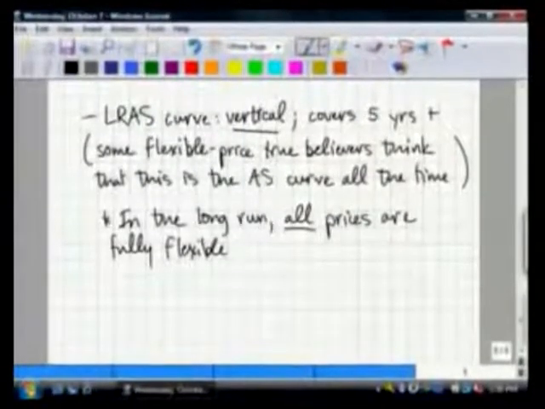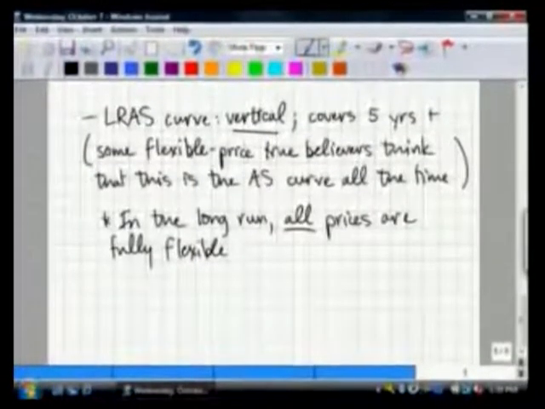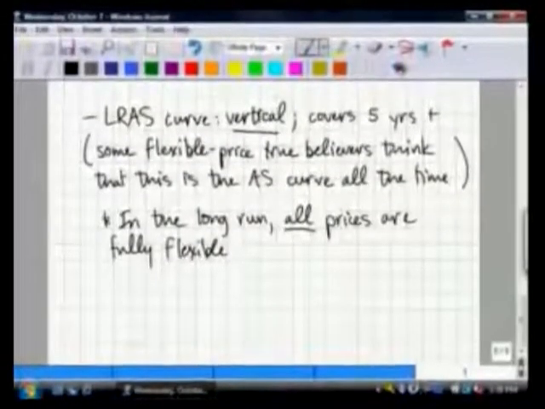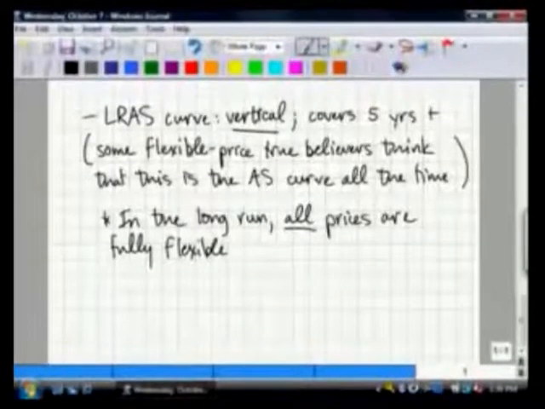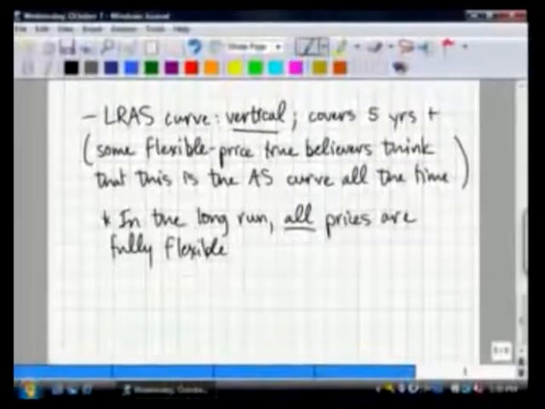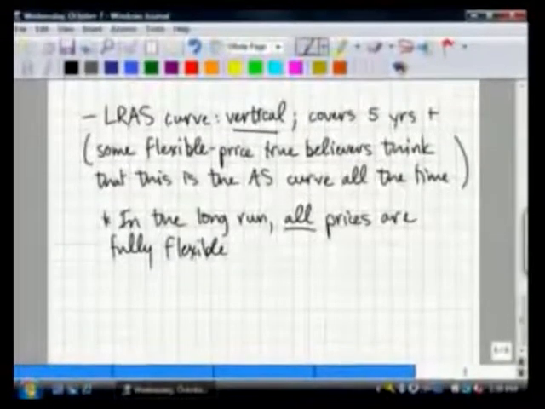For the rest of us, in reality, we think that some prices really are sticky over shorter or longer periods of time, and it takes time for the economy to let those prices adjust for various reasons. Could be economic, could be political. When all prices are fully flexible, then the economy can go about allocating resources so that all resources get to their most efficient usage.